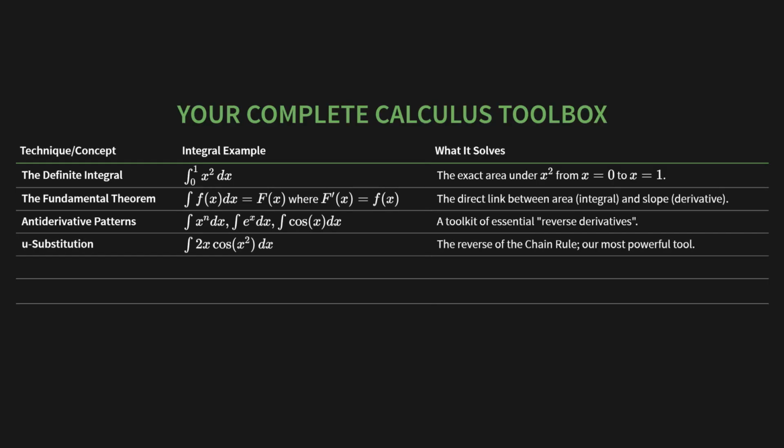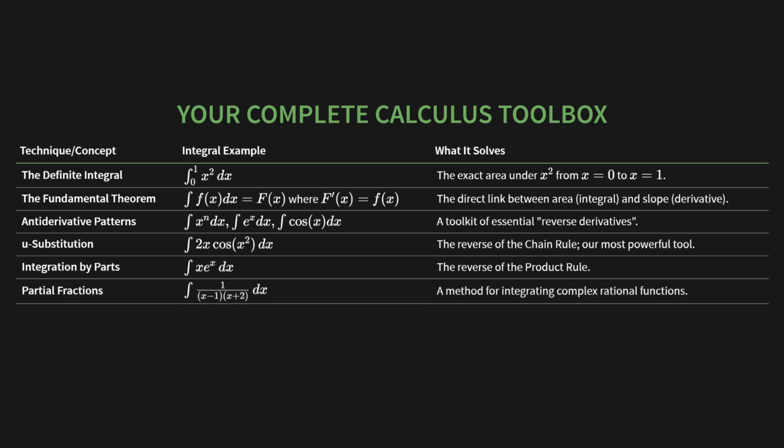Then we brought out the heavy machinery, U-Substitution, the reverse of the chain rule, and without a doubt, our most powerful tool, integration by parts, for unwinding the product rule. Partial fractions, that brilliant algebraic trick for breaking down those messy rational functions.